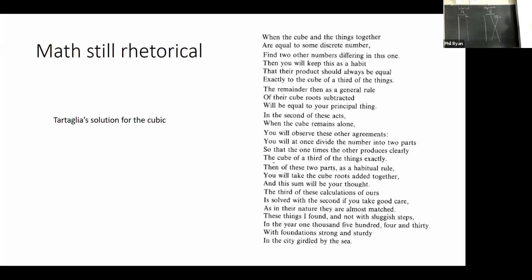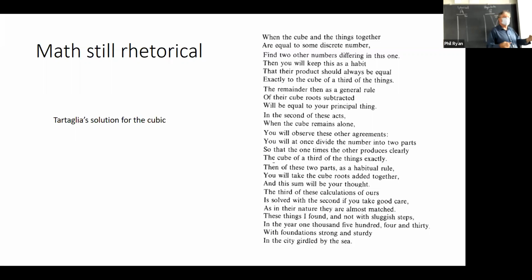And then here in the second of these acts, when the cube remains alone, well, we know what's happening here, right? Because here it's x cubed plus px equals q. The cube is alone, so this is x cubed equals px plus q. So again, like we've seen before, we prefer things to be positive.